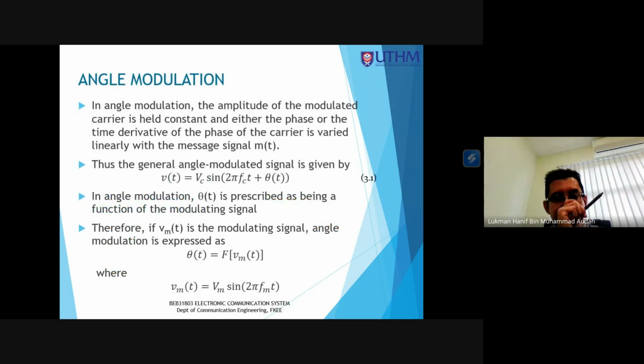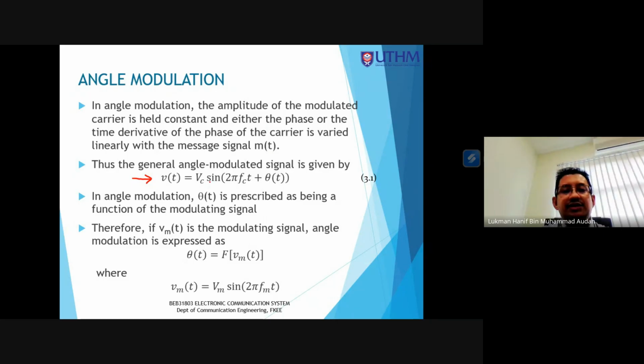So in angle modulation, you see that there is a general equation for the angle modulation. The general angle modulated signal is given as v(t) equals Vc sine of 2 pi fc t plus theta(t).